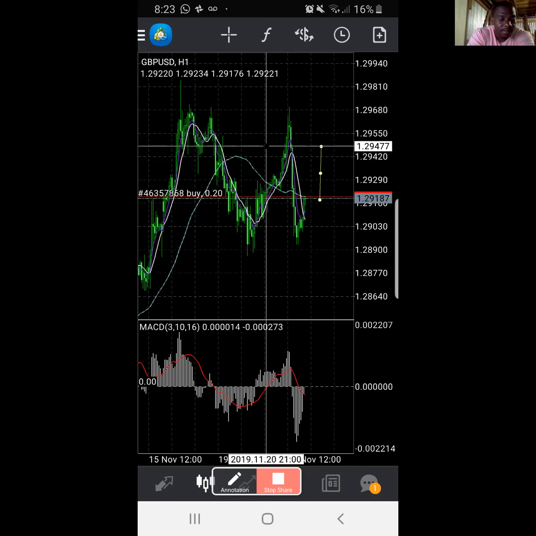Gotcha. It might seem a little tedious with the phone, but after you get some practice, it will become a little easier. And also, you don't gotta use your phone in this view. You could turn your phone sideways too on MetaTrader 4.